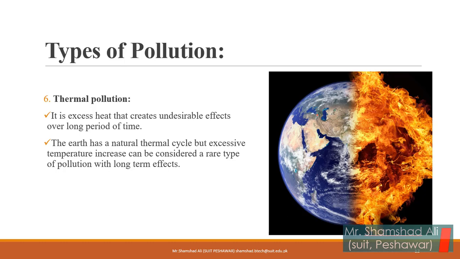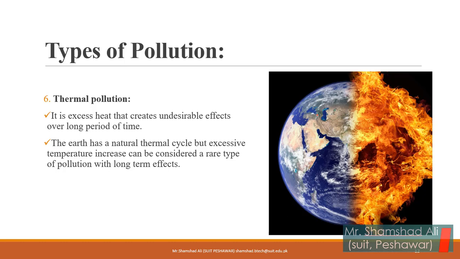from rapid changes. These kinds of environmental pollution can cause aquatic life to suffer or die due to the increased temperature. As you can see here in the Swat Valley, the trout fish cannot survive above 30 degrees centigrade.